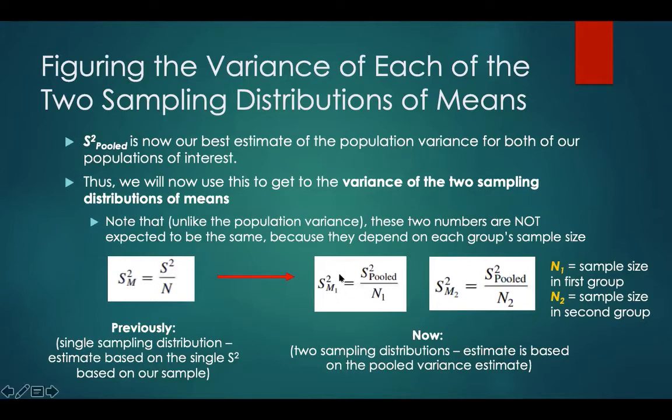So to find the variance of the sampling distribution of means for sample 1, we take our S squared pooled and divide it by the sample size from N1, which is 20. And to do the same for sample 2, we take our S squared pooled again and divide it this time by the sample size for group 2.